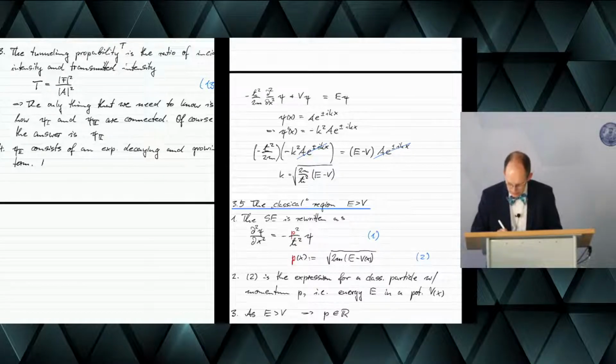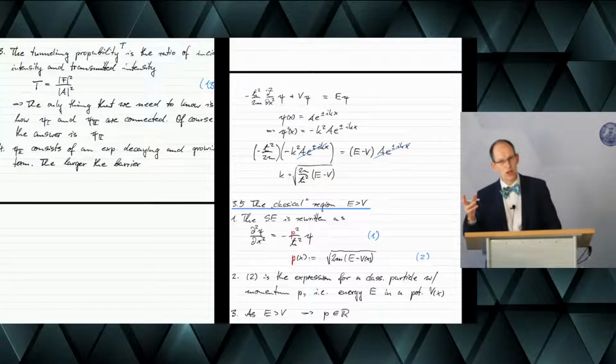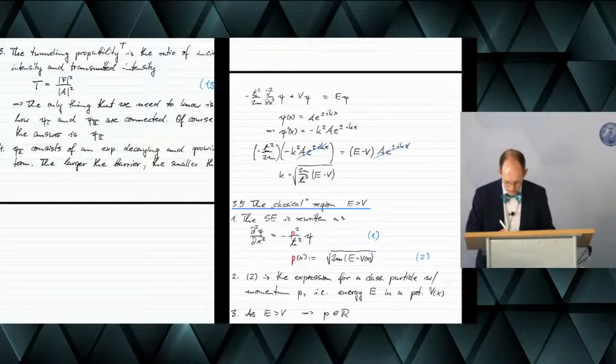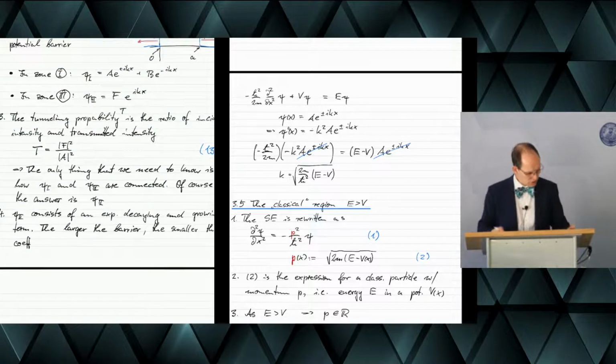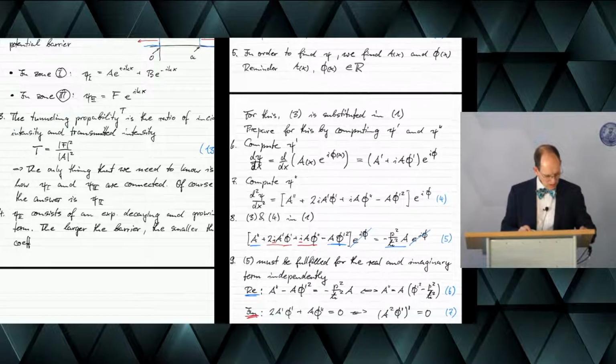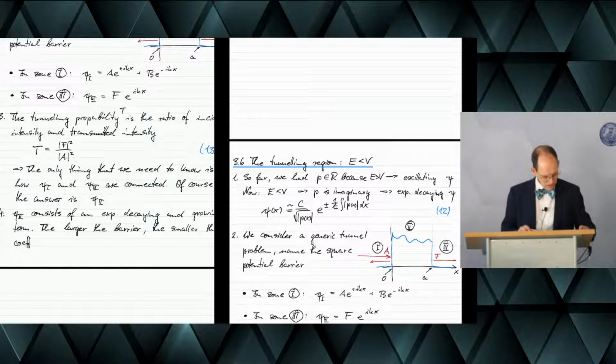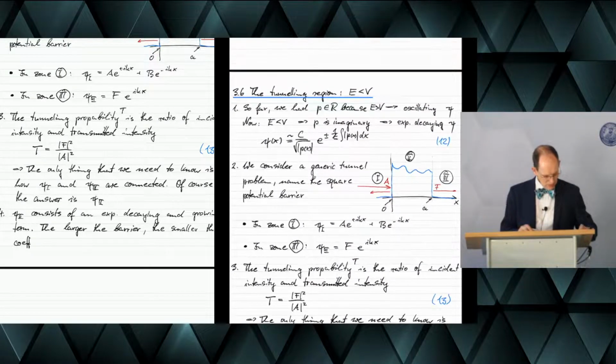Well, the larger the barrier, the smaller the exponentially growing term, the larger the barrier, the smaller the coefficient. I'm not sure whether I wrote it down above. Let me check. I didn't, I'm afraid.